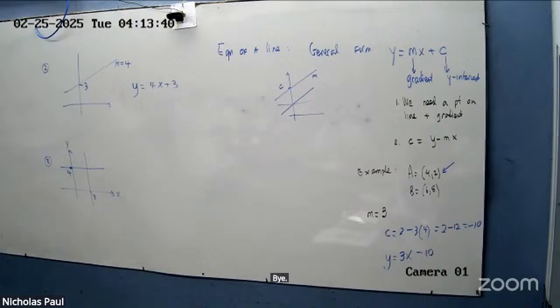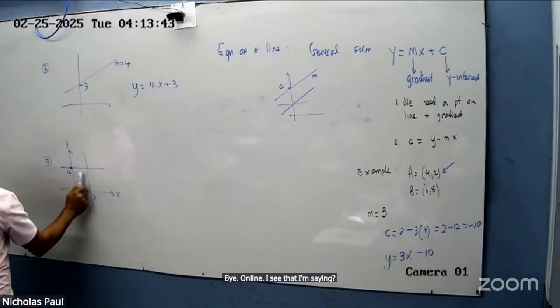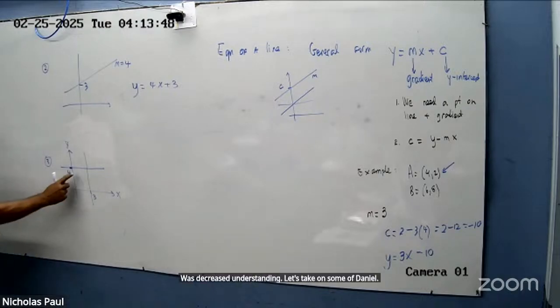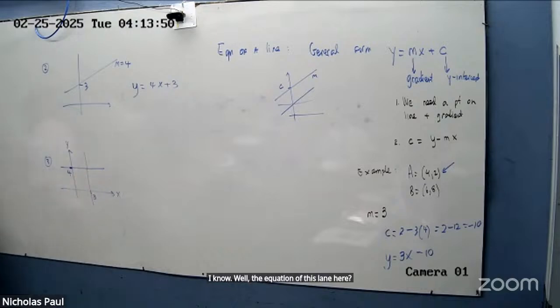Online, I see anything. What's the equation of this line? Let's pick on somebody. Anaya, what's the equation of this line here? Anaya is still figuring it out.